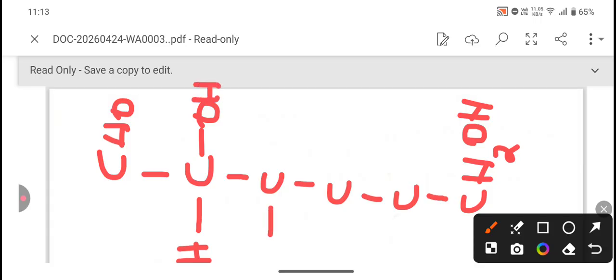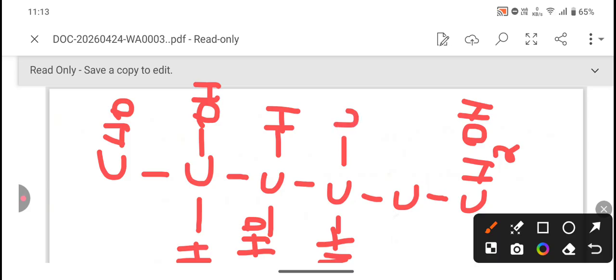OH, CHO, H, H, OH, H, OH. So this is the basic structure of a carbohydrate.